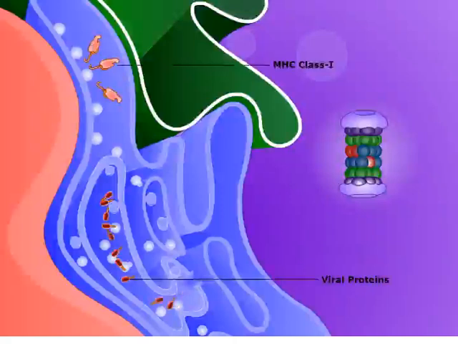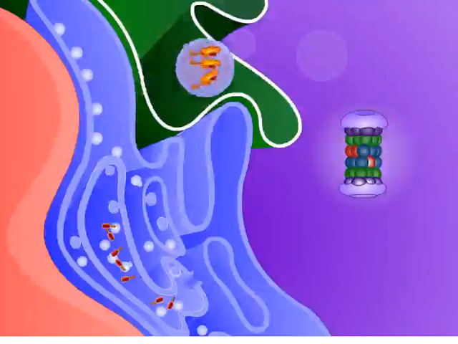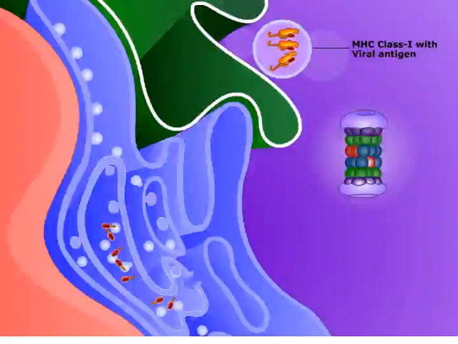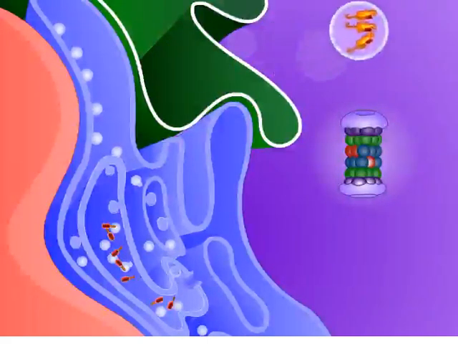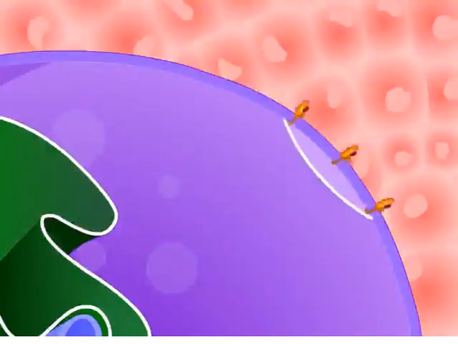In the endoplasmic reticulum, they have the opportunity to bind to freshly synthesized MHC class I molecules. The MHC class I protein complex is then transported to the cell membrane, where it can now be presented to CD8 T lymphocytes.